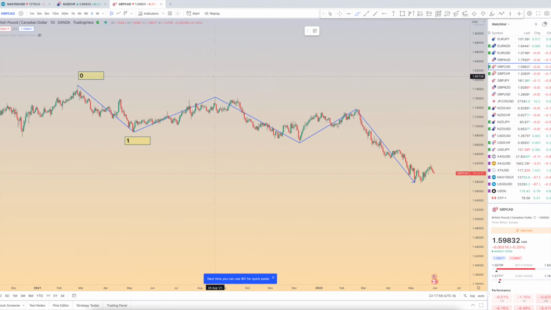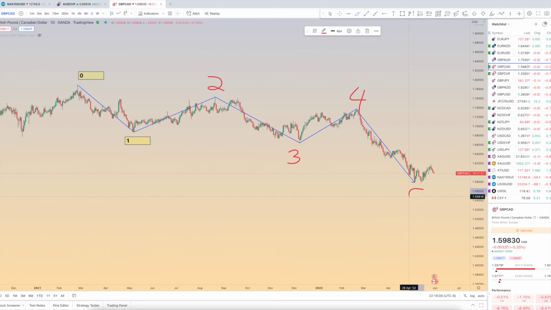Better draw it out, actually. 2, 3, 4, and 5.